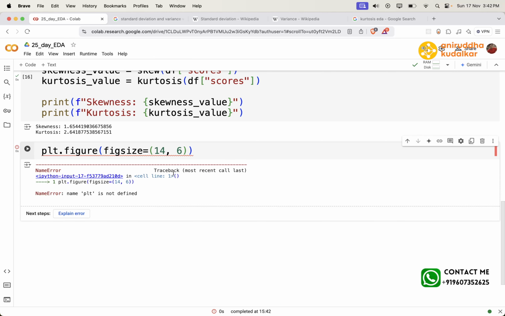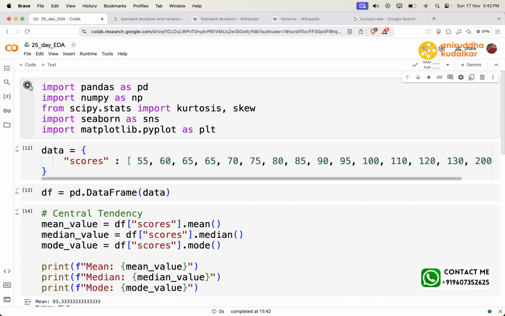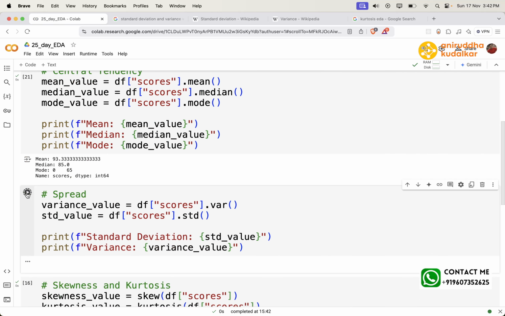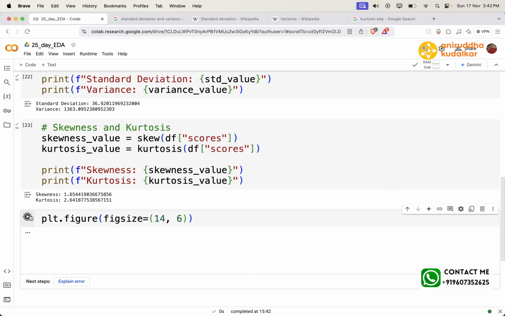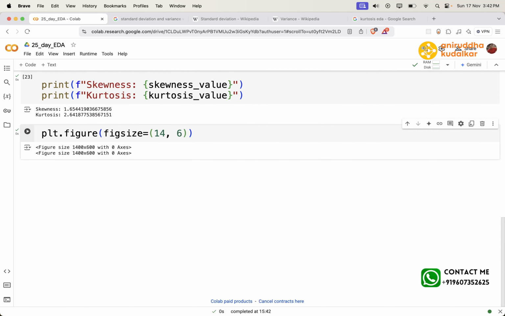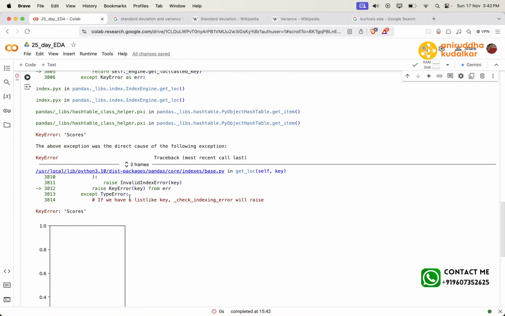We didn't run it, so run this, now run it. Now we will print the histogram. Today or in the next session we will understand what a histogram is.